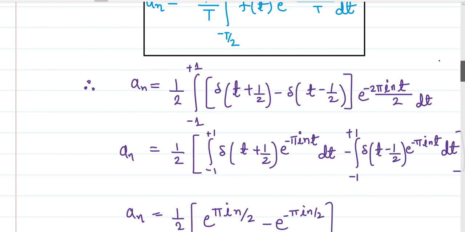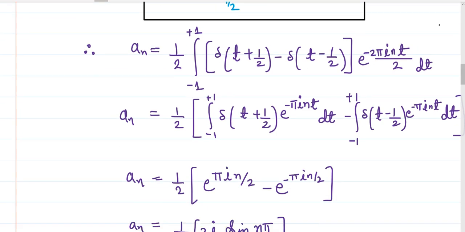Guys, you know in the Dirac delta function, whenever we have some function f of x multiplied by the Dirac delta function, you just put the value of x that you get from the delta. Like if it is given delta x minus 0 times f of x dx, and there is some interval given, then in that condition this integration will be equal to f of 0. If you have x minus a, it is going to be f of a.